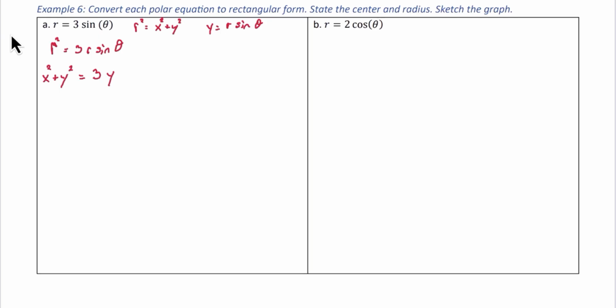At this point, we have the equation in rectangular form, but let's take it a step further and make it look like something that we're familiar with. So next we will set this equal to 0. We have x squared plus y squared. We'll subtract 3y on both sides, and I'm actually going to leave a blank spot and set it equal to 0.